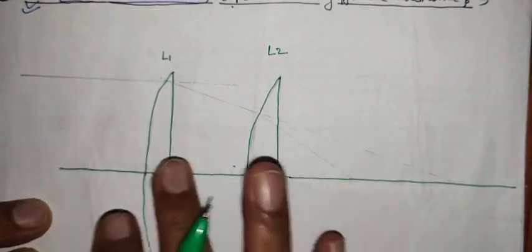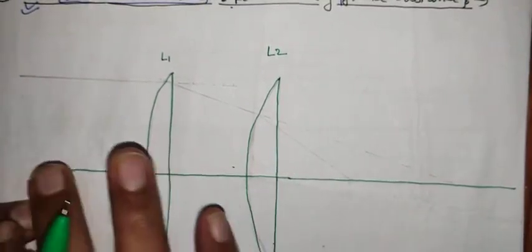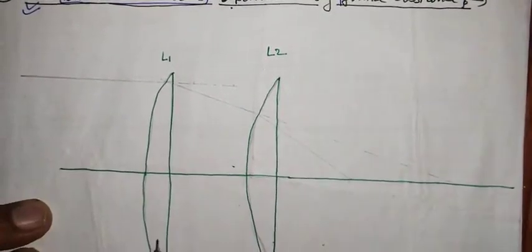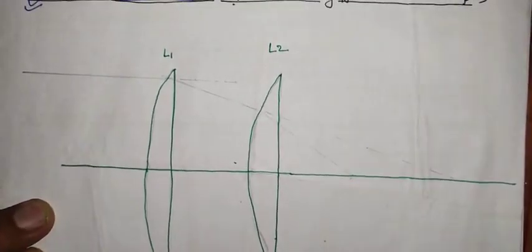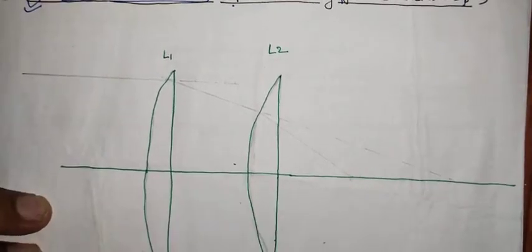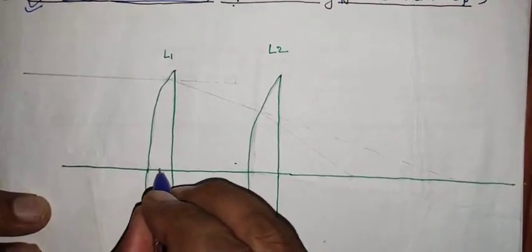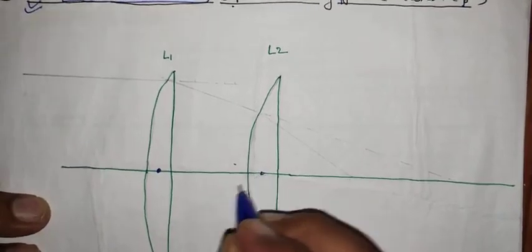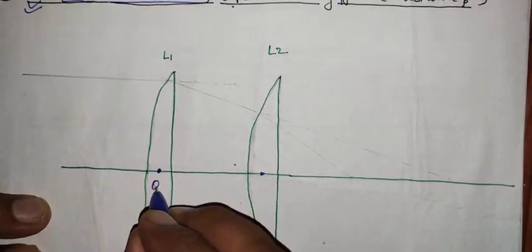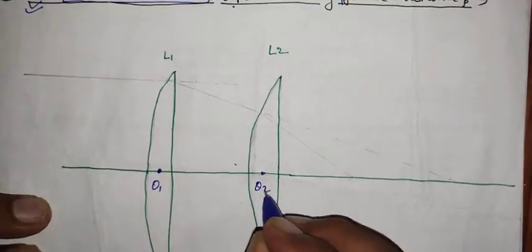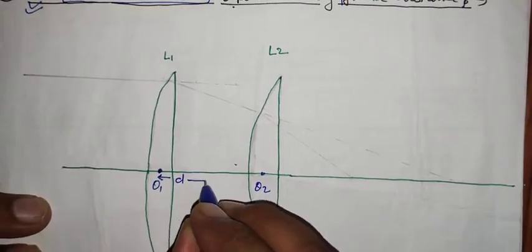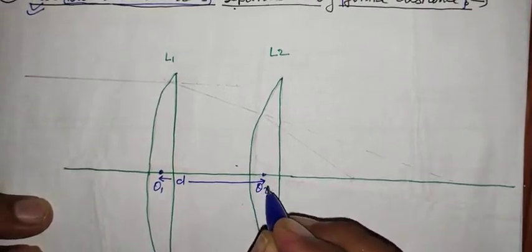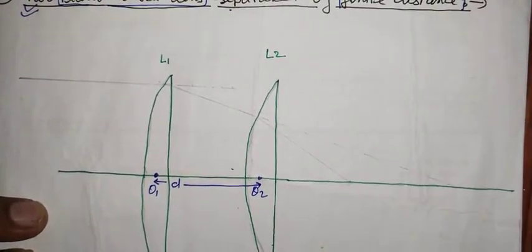Their curved surfaces are towards the side of the object. Both the lenses are separated by a finite distance. Let the optical centers of both be O1 and O2, and O1 and O2 are separated by a distance D here.